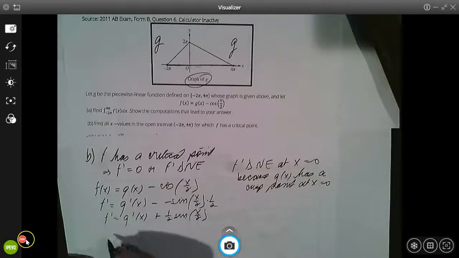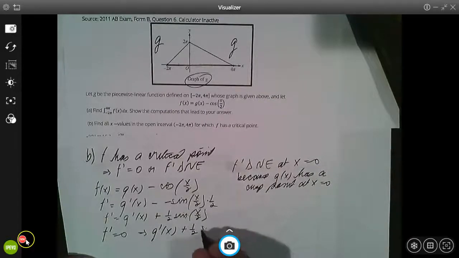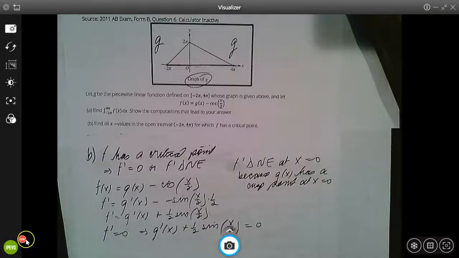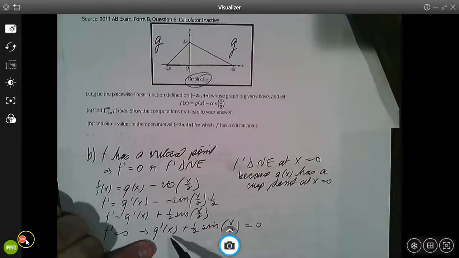The other idea is that f prime could be equal to 0. Well, that means that g prime plus 1/2 the sine of x over 2 has to be equal to 0. And get ready to have your mind blown a little bit here. In order for g prime, well, I don't have an equation for g, I have a graph. How am I going to figure this out?